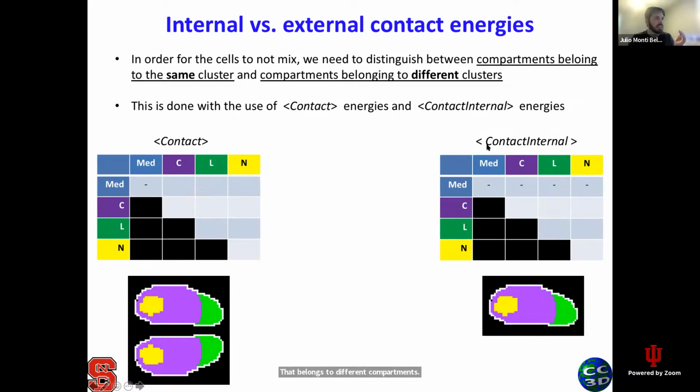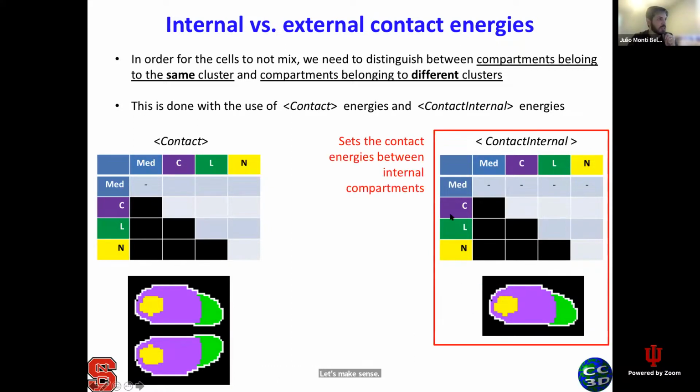And the new table that you get, the contact internal, well, the name already says it, sets the contact energies, the interaction energies between cell types when they belong to the same cluster of cells. Does it make sense? So this one here is the new one that you will be dealing with; it sets the contact energy between internal compartments, okay?